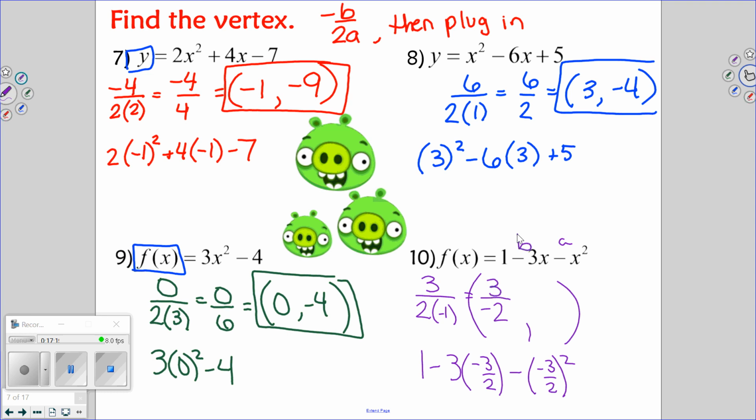Some people have a tendency to lose the negatives that are already in the problem. Don't lose those, okay? So 1 minus 3 times negative 3 over 2 minus negative 3 over 2 squared. Got an error?